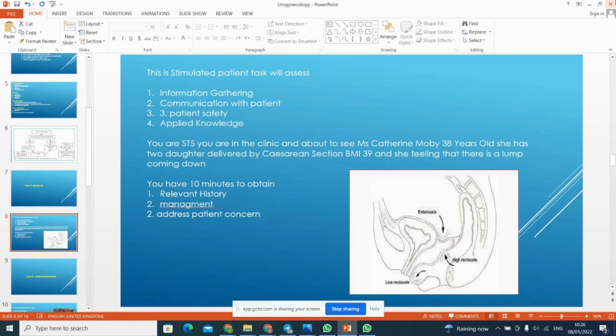And did you face any problems during or after the cesarean sections? No. Okay. Any allergies? No, I don't have allergy. Any family history of concern?